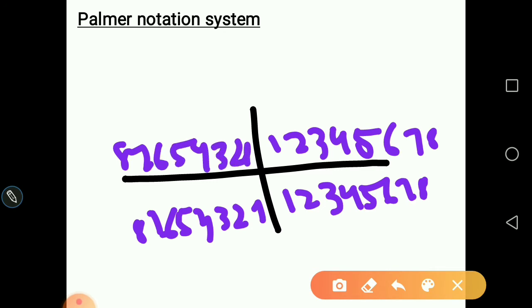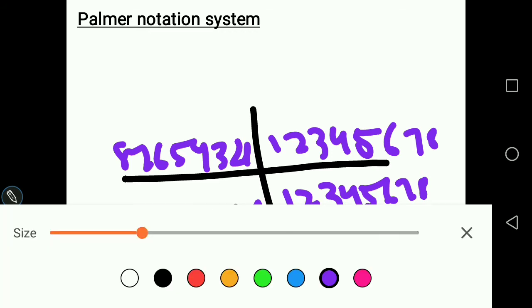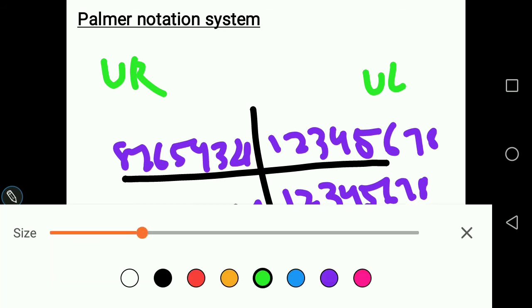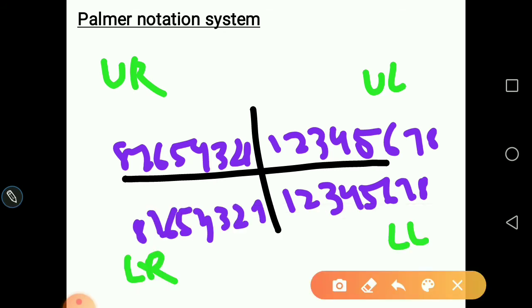Okay, now if I say lower left central incisors, so for lower left I draw this symbol and for central incisor I use 1.